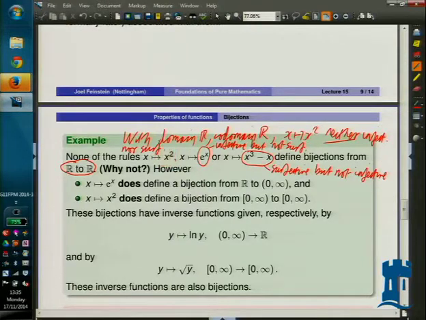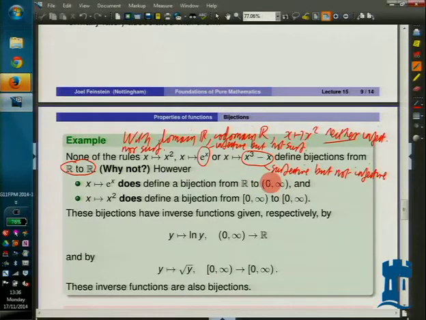But if you change the codomain, or sometimes change both the domain and the codomain, different things happen. So if you're doing the rule x goes to e to the x, you can map from the whole real line to the strictly positive real numbers, and you get everything once. That asymptote sort of shows you that.